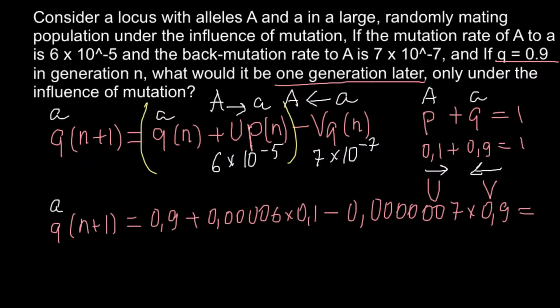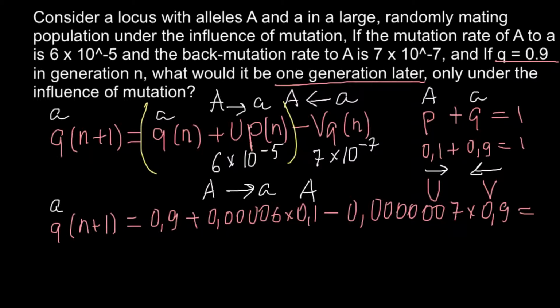So if we multiply this number by 0.1, the frequency of the dominant allele A, and this is going to be the rate of the forward mutation of the dominant allele into the recessive allele.